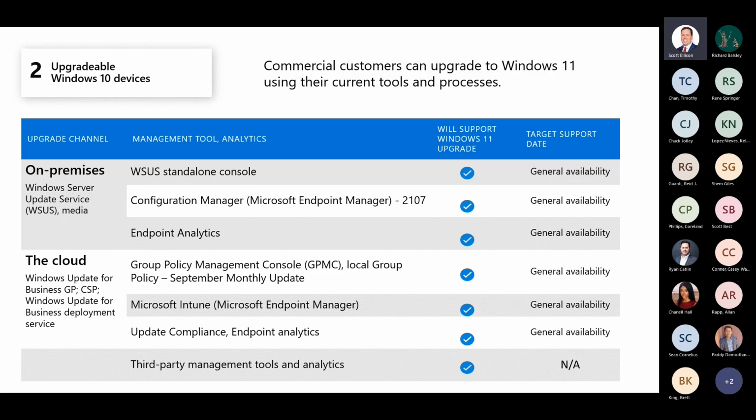And then, of course, we covered this in a session back in June, but using endpoint analytics and update compliance, we showed some of that, but those are also great cloud tools that you can use to measure your upgrades as well. One of the things that I like about endpoint analytics is that you can point that to any of your devices that you might be co-managing. You can use it on your Intune-only devices. And that will give you some pretty good insights into whether those devices can handle a Windows 11 upgrade.